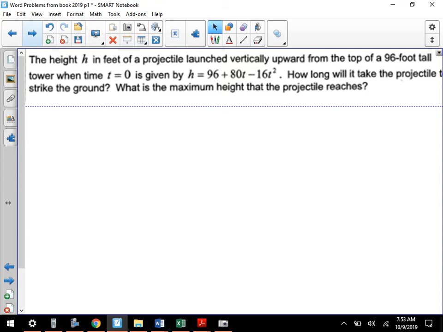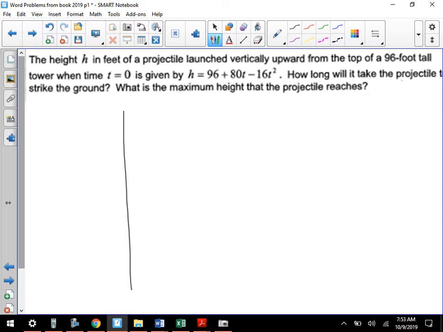So when you start to visualize what this is going to look like, we know we have some parabola that's going to look like that. There's some maximum value, but there is one dead set value you know for certain. Where does it cross the y-axis? At 96.